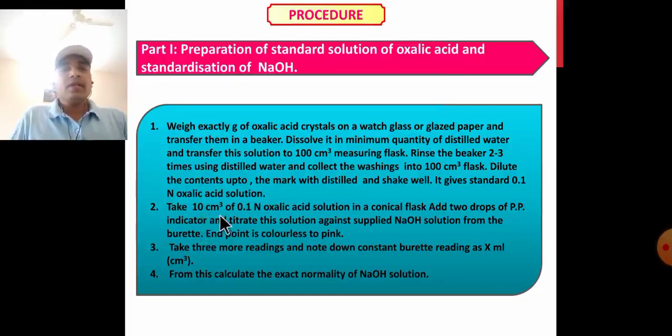Then take 10 ml of this 0.1 normal oxalic acid in a conical flask, add 2 to 3 drops of phenolphthalein indicator and titrate against the supplied NaOH solution from the burette. The end point is colorless to pink. Take 3 more readings and note down the constant burette reading as X ml or X cm cube. From this, the exact normality of NaOH will be calculated.